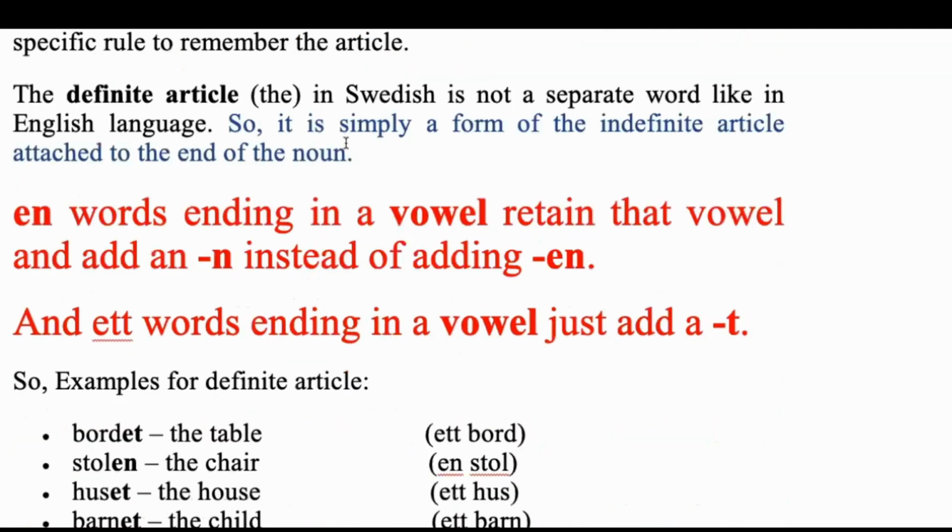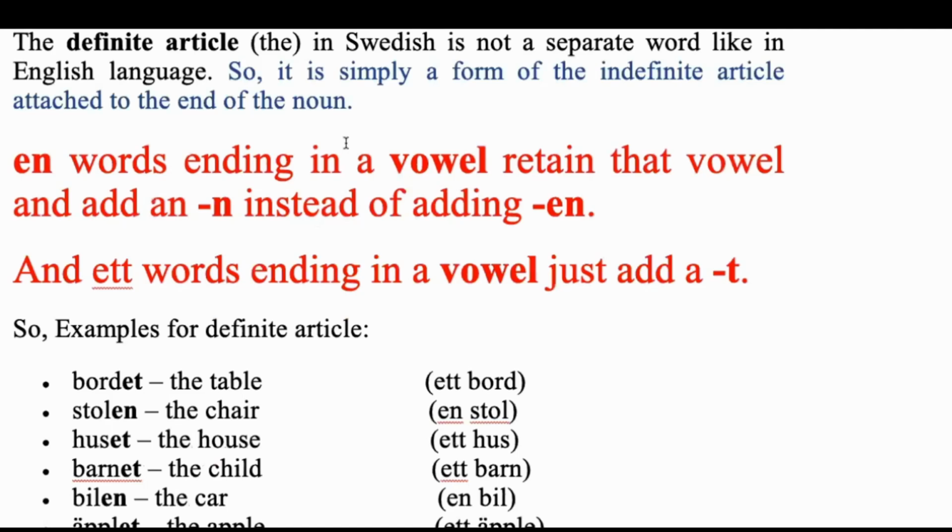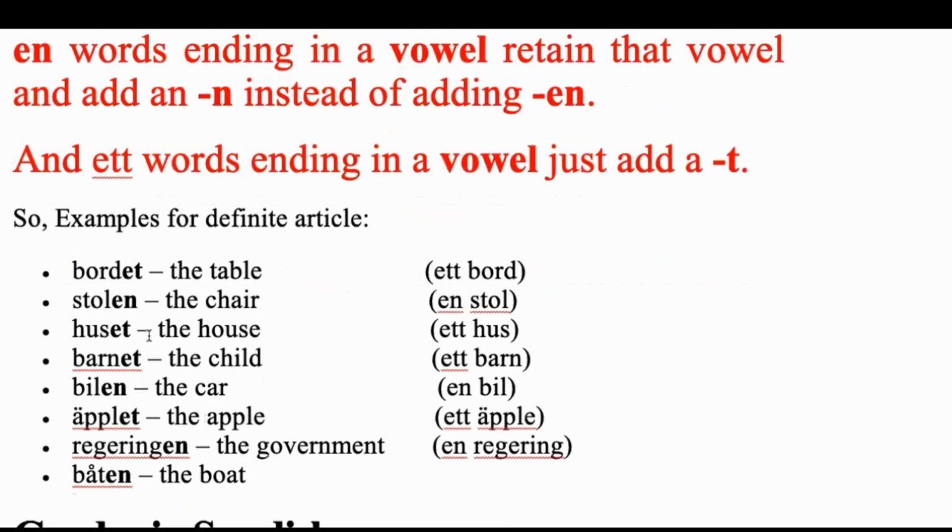So next we have the definite article. For the definite article, we write basically en or et at the end of the noun. And if the noun ends in a vowel, like in English, then we place just one t for ett nouns or just one n for en nouns. We can check examples, then we will understand. Bordet. So this is my indefinite noun that we just learned.